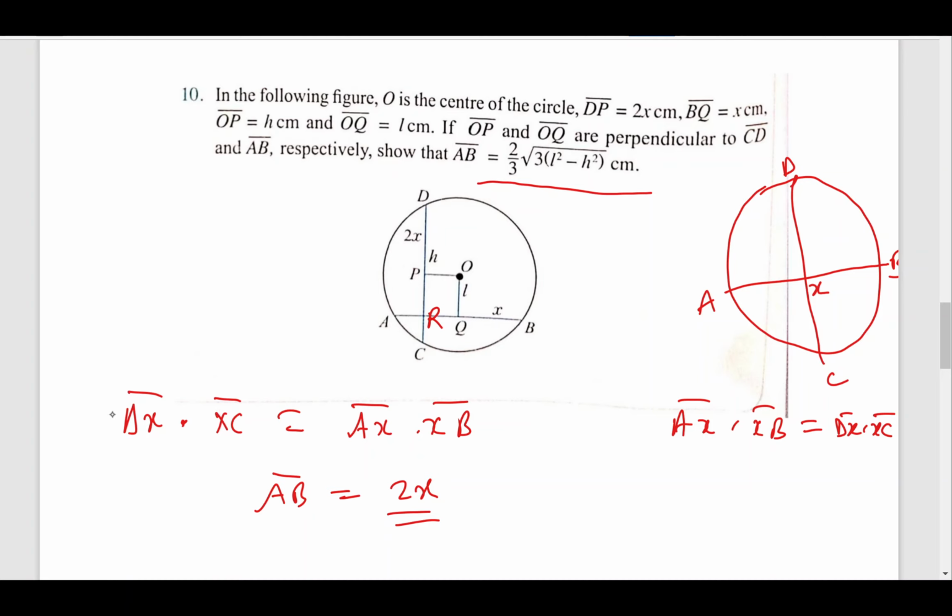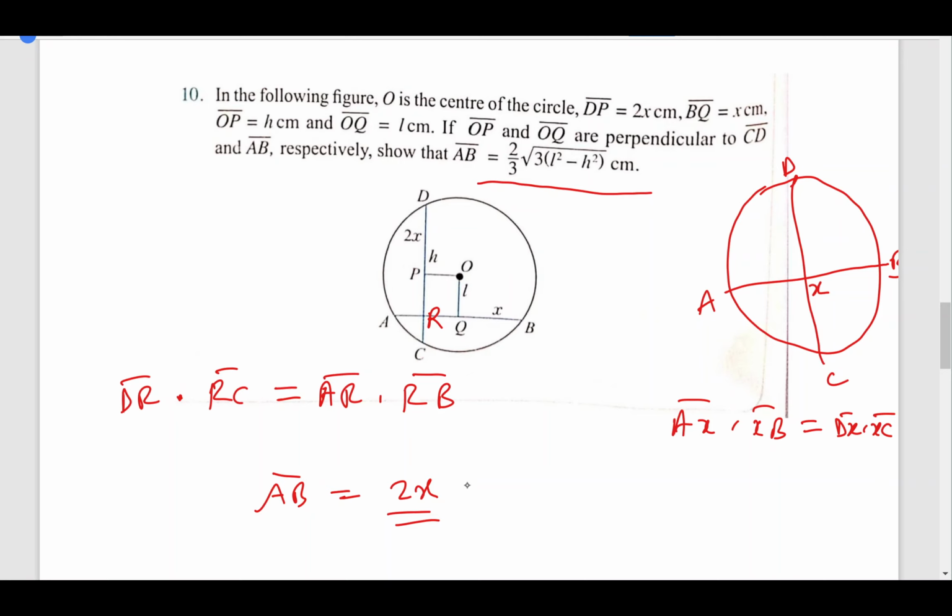So that here we are going to have a different approach. We are going to have now DR being multiplied by RC. This is going to be equal to AR multiplied by RB.